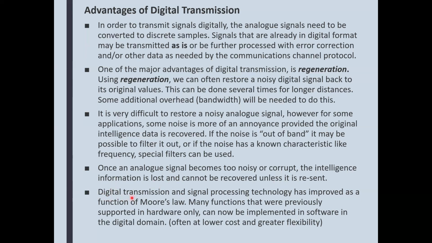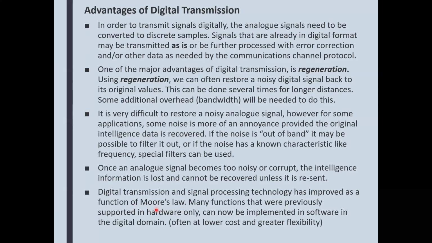Now, digital transmission and signal processing technology has improved as a function of Moore's law. I wonder if you studied Moore's law or not. Moore's law talks about what you may expect as far as technology improving on our planet. It has to do with the rate of improvement and how we can predict what the technology is going to be in the future.